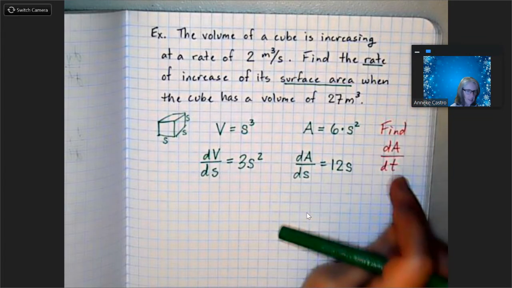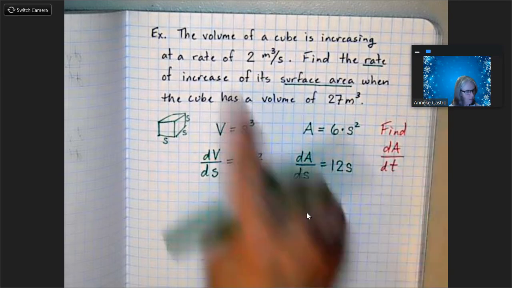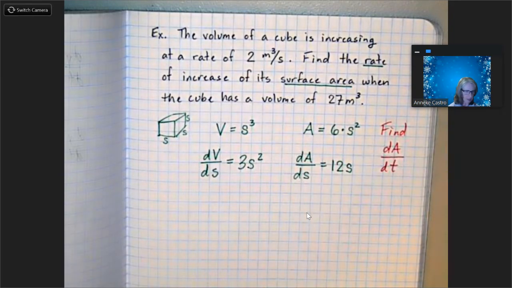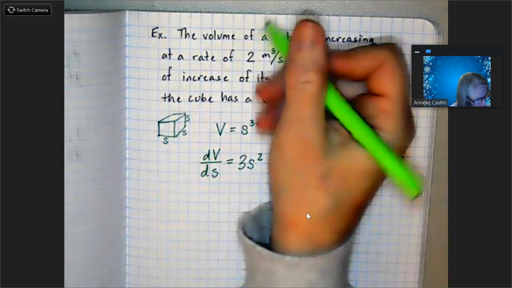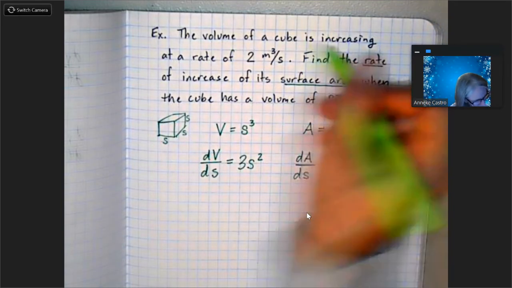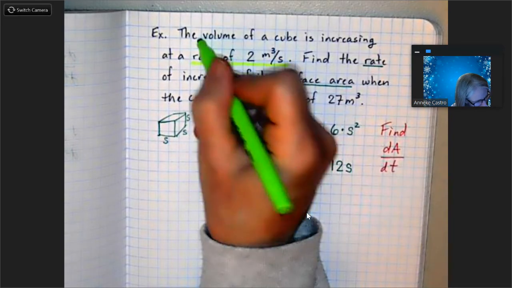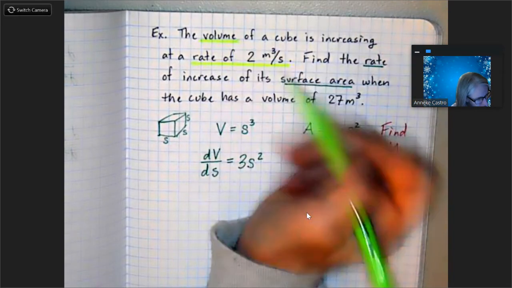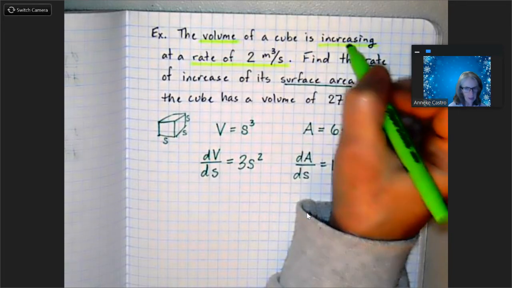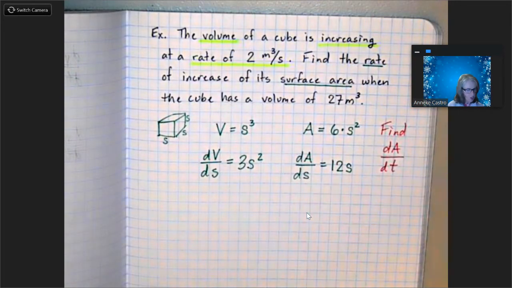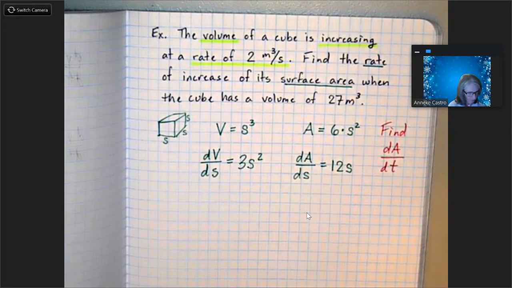Okay, that doesn't help me find dA/dt yet, so I need something with time, and that's where I come back to this one up here. This one right here, it says the volume of the cube is increasing at a rate of 2 meters cubed per second. The volume is changing, it's increasing. We can think of that as changing at a rate of 2 meters cubed per second.